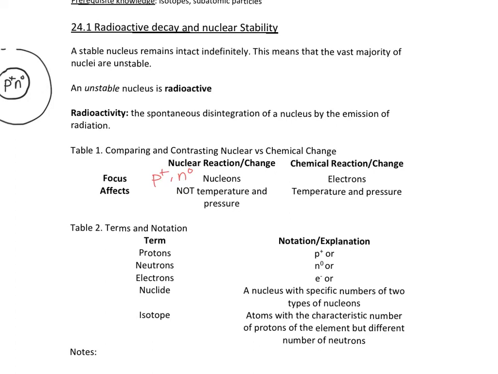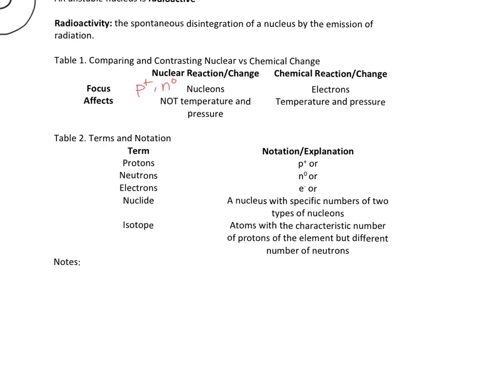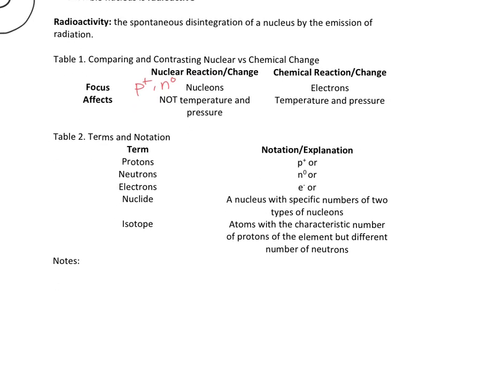All right, so let's get familiar with some terms and notations before we go on to our next page. So terms that we're going to be using and notations that you should be familiar with are protons, neutrons, electrons, nuclide, and isotope. These are the terms we'll be using. Notation for the proton is this. Okay, you'll see a P plus like this.